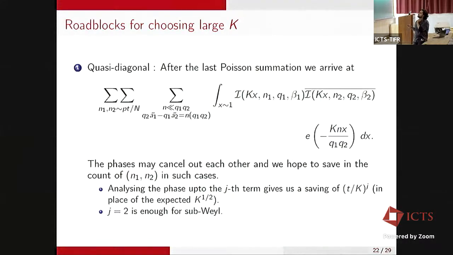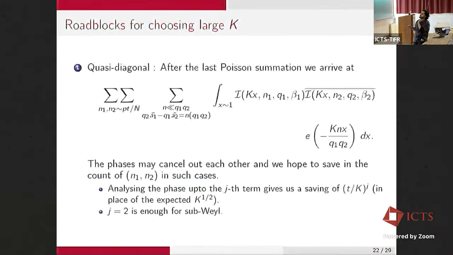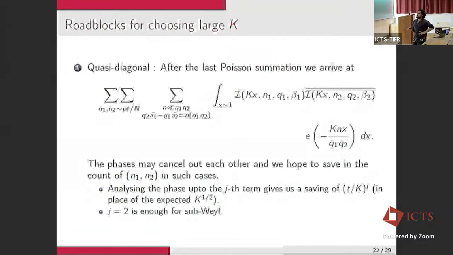If you look at the final transform sum that you get after applying Poisson summation, then you have this dual sum n, which goes up to q1 q2, but as I said, you will get a congruence condition like this, and you have the dual GL1 sums from earlier, twisted by this transform, this correlation between our transform I.